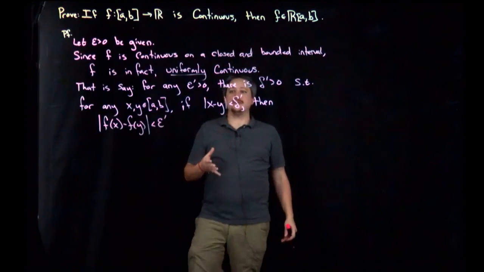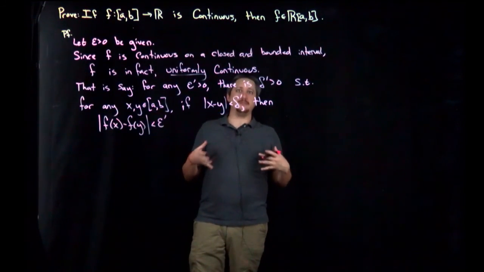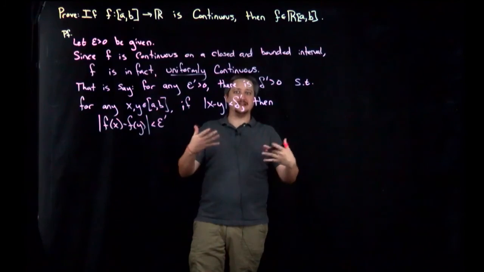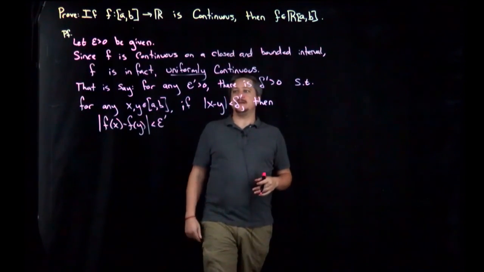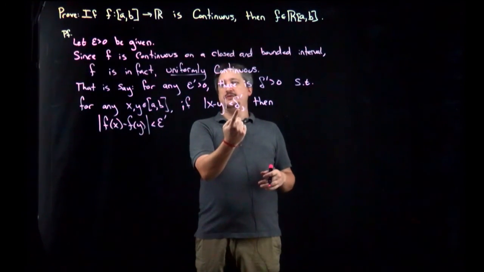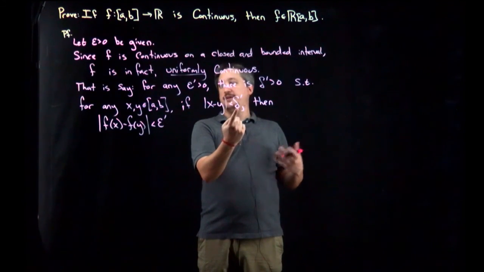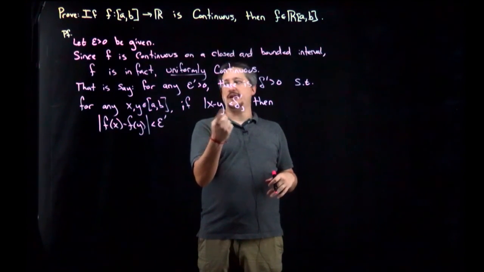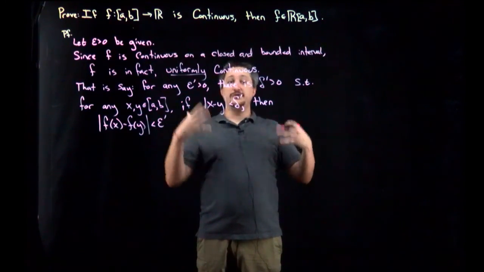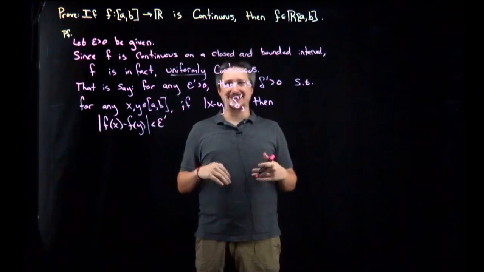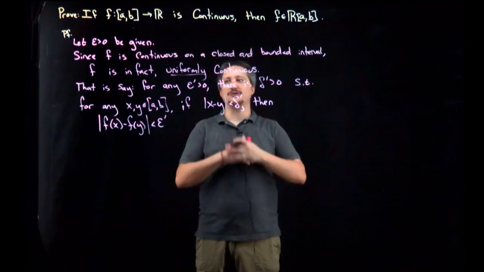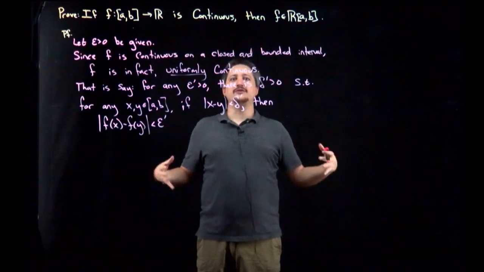Now, the thing I want to point out with uniform, this uniformly continuous business that's key, is that this delta that I'm choosing, or delta prime I should say, does not depend on x or y. It is one delta to rule them all, as it were, right? It is a uniform choice. It works over all of the interval.